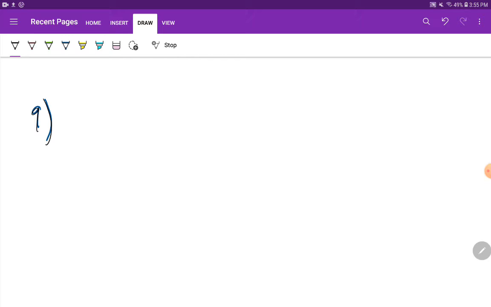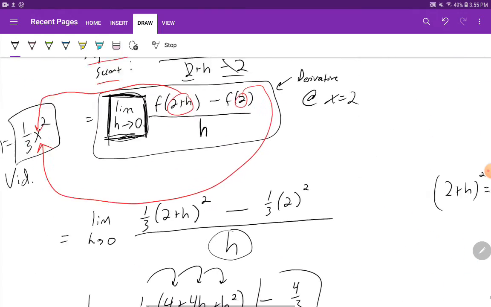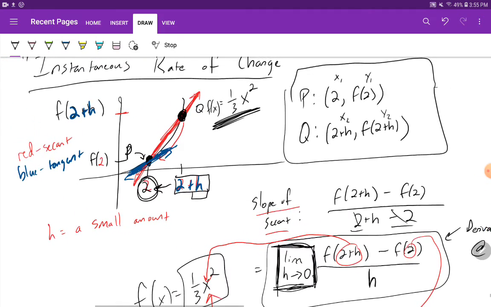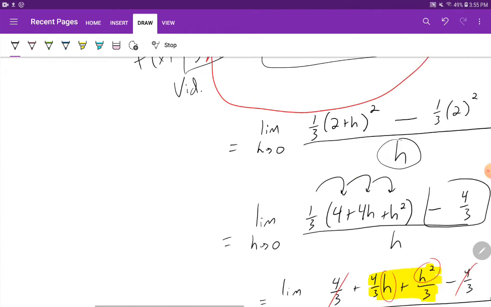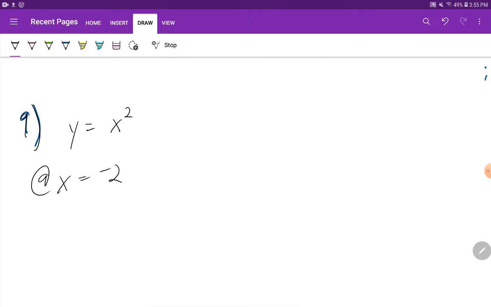So basically, for number 9, what number 9 is asking you to do is, for this function, y equals x squared, they give you an x value, kind of like what we were given up here. In this case, our x value was 2, but for this problem, our x value is -2, all right? Meaning, what is the slope at -2?